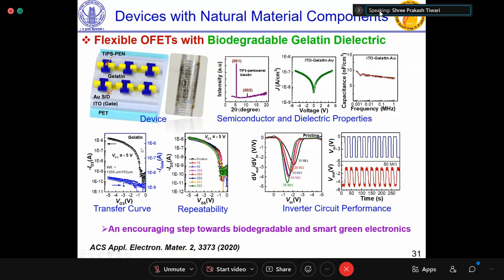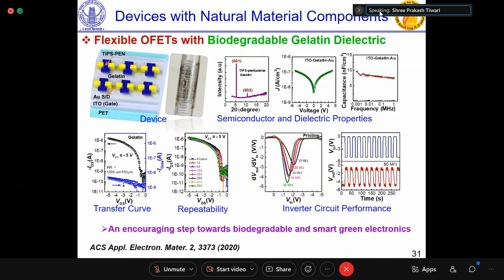We saw that leakage was acceptable, then transfer curve, repeatability, then we did our inverter characteristics. So first we explored whether this device is working well for basic device properties and also for application in circuits, and what the stability is. So gelatin, we found, was very good in transistor behavior.